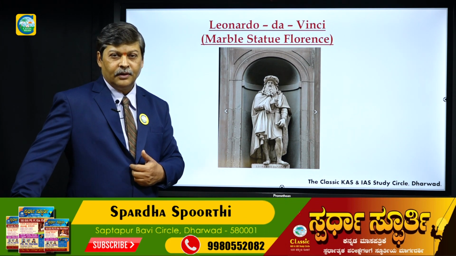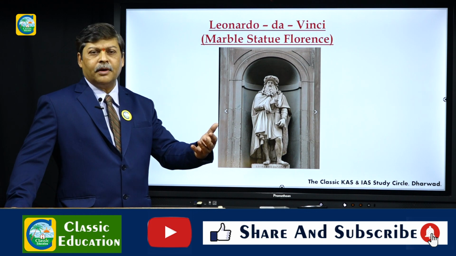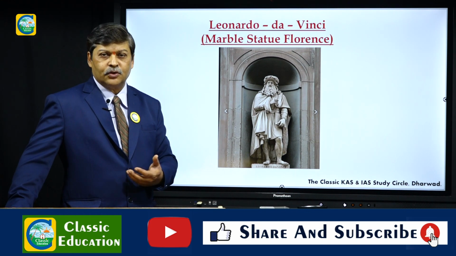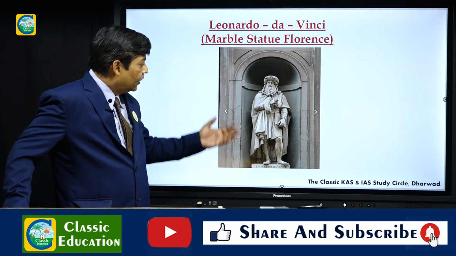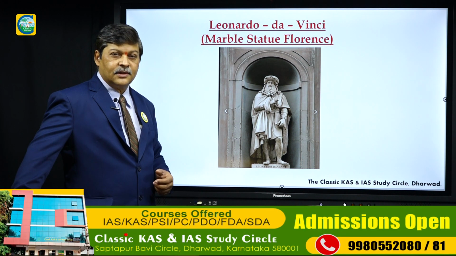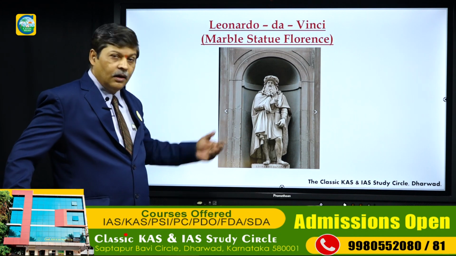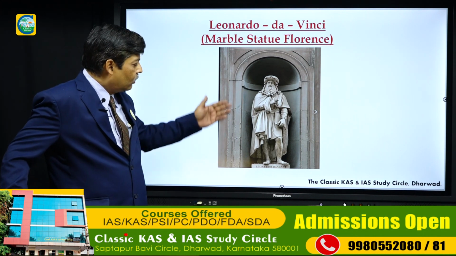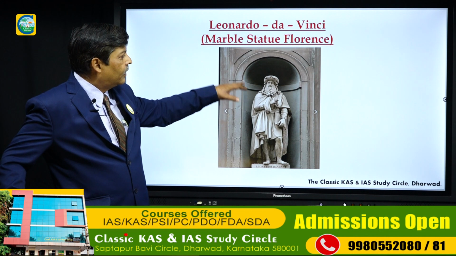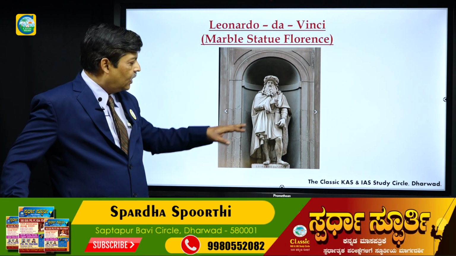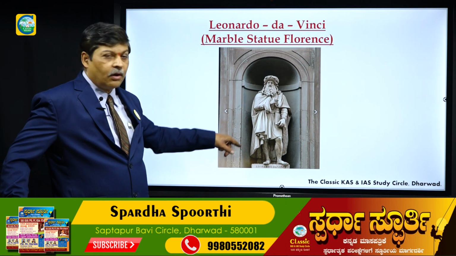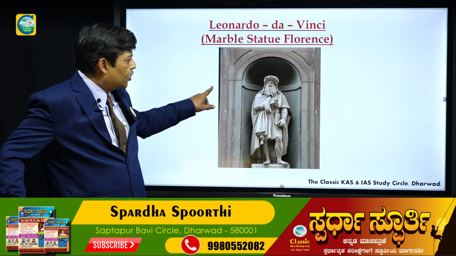So, apart from Michelangelo, there are many other sculptors who made beautiful icons out of marble. And this is one of the Renaissance statues of Leonardo da Vinci, installed in front of the Church of Florence. It is a marble statue.